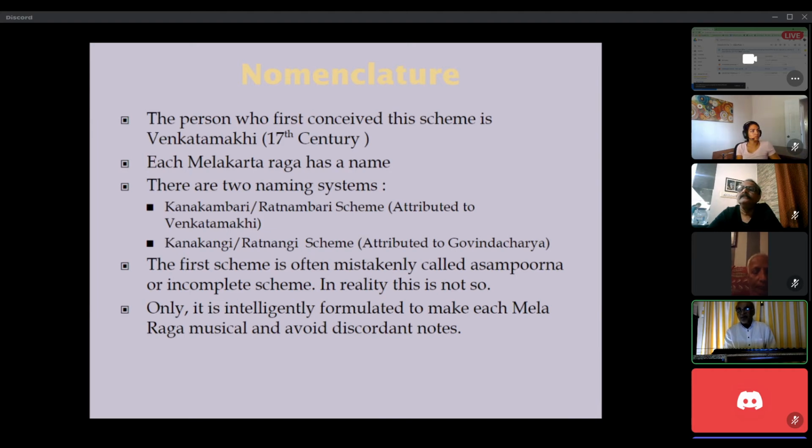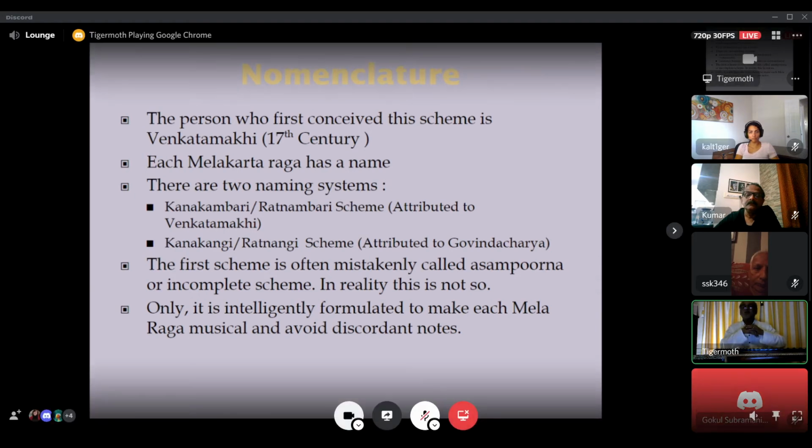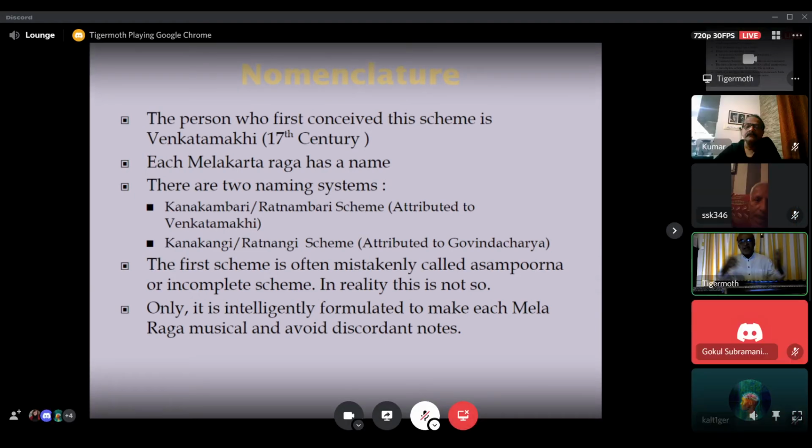I want to say here something which is a common misnomer, which a lot of us do when we talk casually. We call the first scheme often mistakenly as Asampurna or incomplete scheme. I have an objection to this use of Asampurna, because it gives the feeling that it's somehow not complete, and the second scheme is more complete.